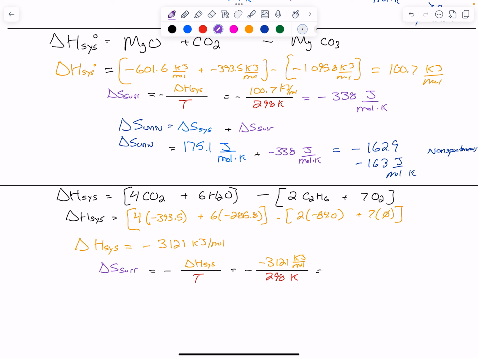I'm getting 10,500, or 1.05 times 10 to the 4th joules per Kelvin mole. So I converted on you. Technically, you get 10.5 kilojoules per mole.